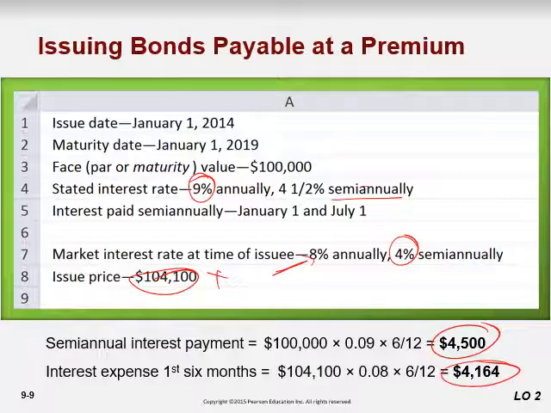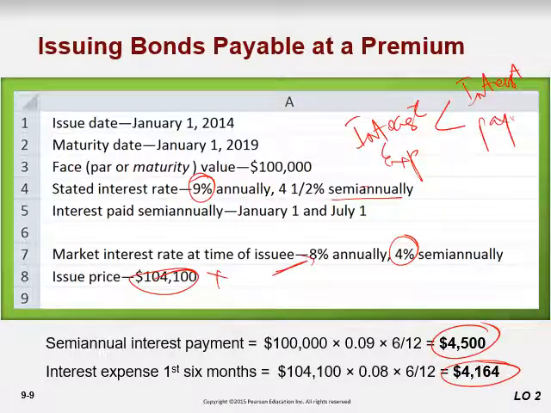So did you notice something? Here interest expense is less than interest payments, right? Did you notice something? The interest expense that would go to the income statement is lower than what we actually pay.